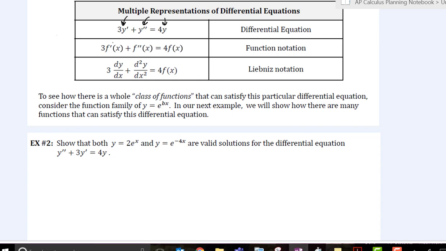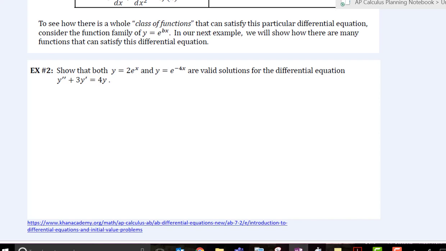When we are looking for valid solutions, it is important that we are first able to differentiate quickly, and second, that we are able to check by plugging it into the original. So we're going to show whether both y equals 2e to the x and y equals e to the negative 4x are valid solutions for the differential equation y double prime plus 3y prime equals 4y.